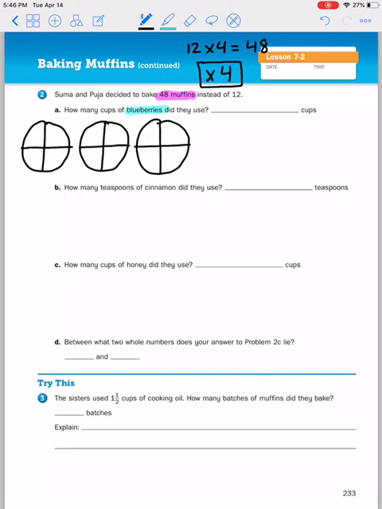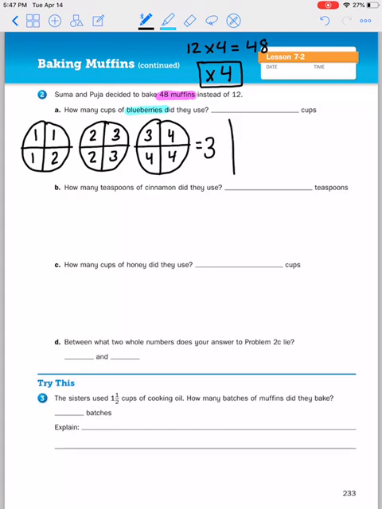And I know that each batch is going to need 3/4. So there are the 3/4 for batch 1. Here are the 3/4 for batch 2. Here are the 3/4 for batch 3. And here are the 3/4 for batch 4. So I could see that it's 3 wholes.